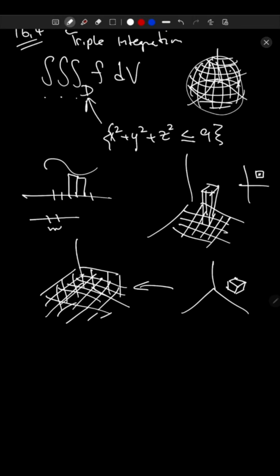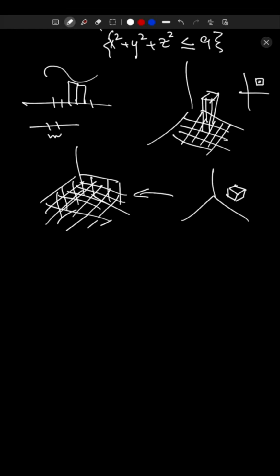So at each point in the sphere, there's a mass distribution. That would be our function, f of x comma y comma z. And in order to get the total mass of this spherical ball, we would integrate our mass at each point over the entire sphere.